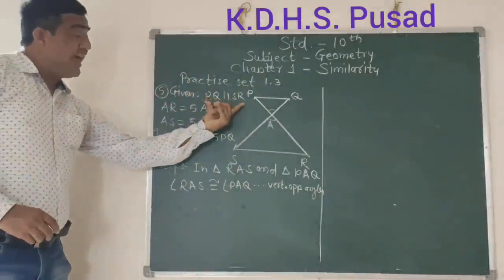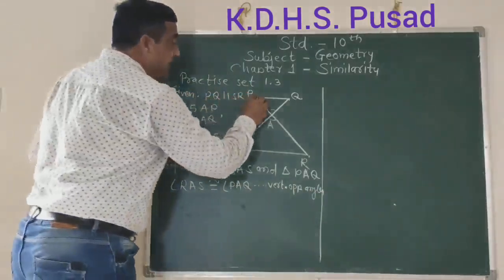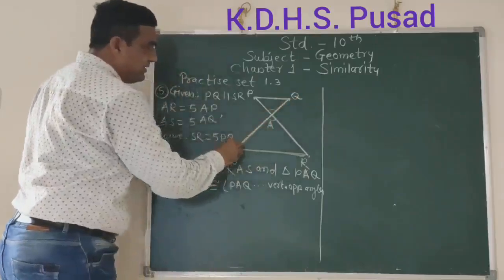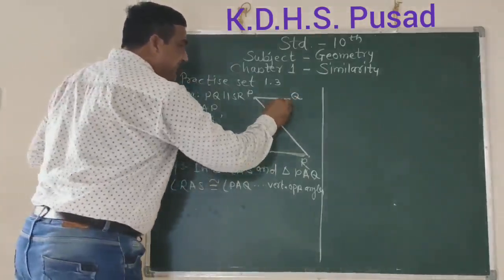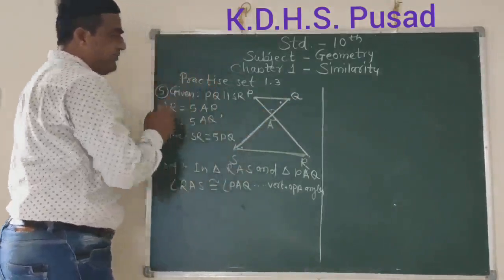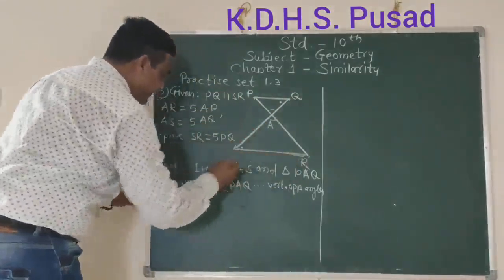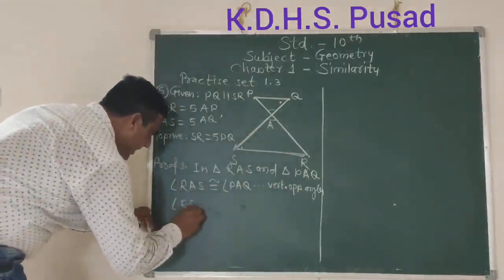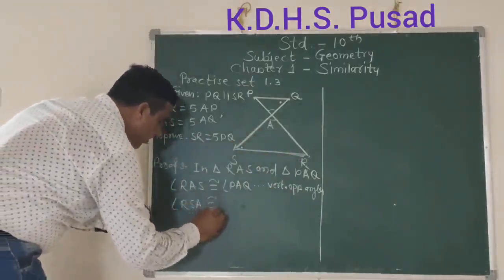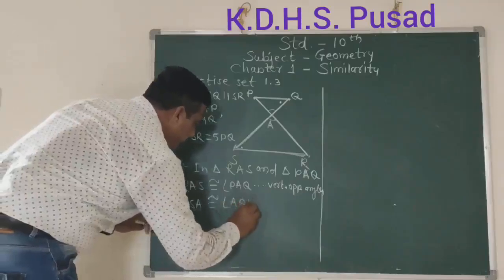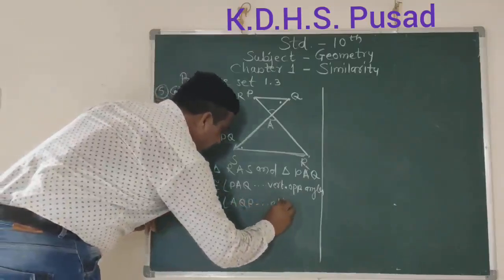Okay. Now check your given part. You are given PQ parallel SR. If these two lines are parallel, so what about this line? That is a transversal. And if that is a transversal, what about these two angles? These are alternate angles. So here angle RSA congruent to angle AQP, alternate.